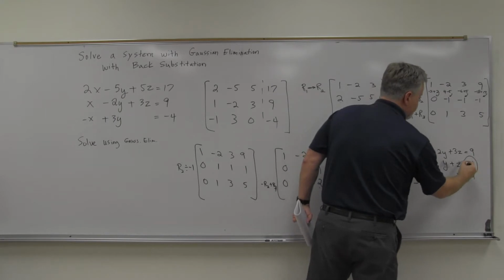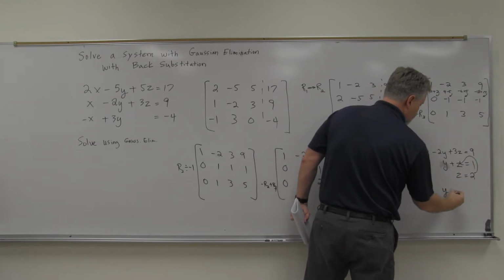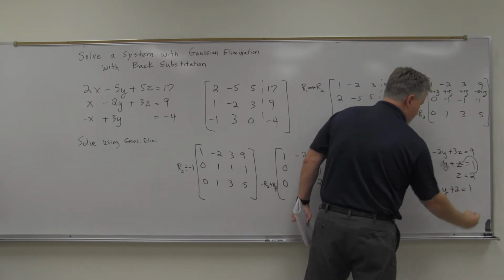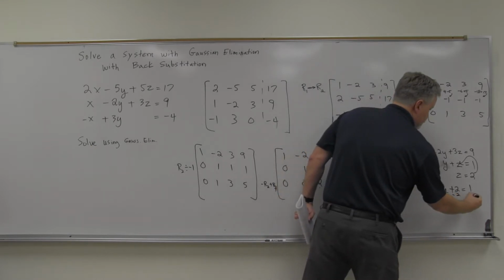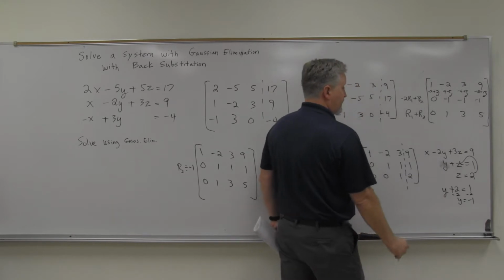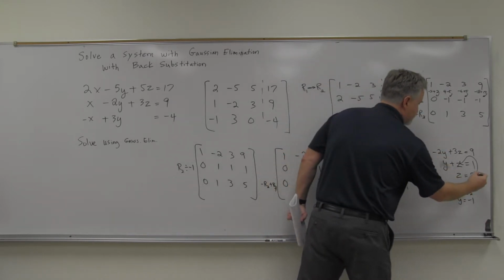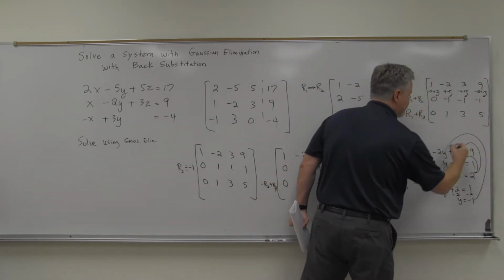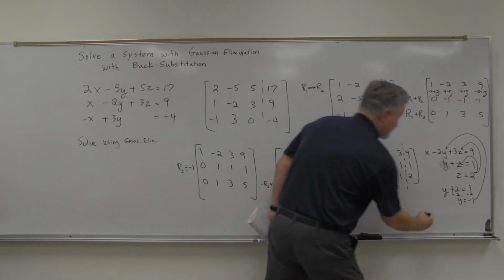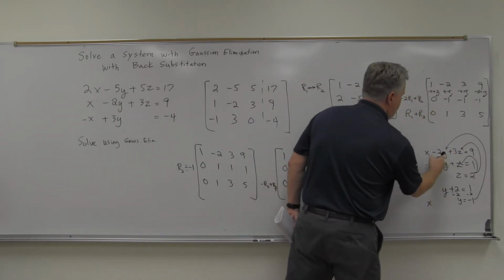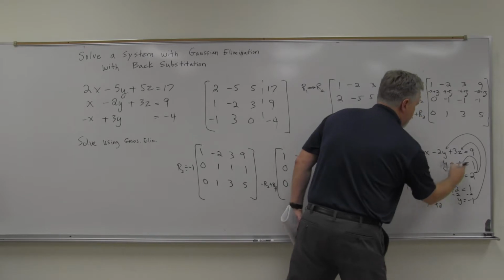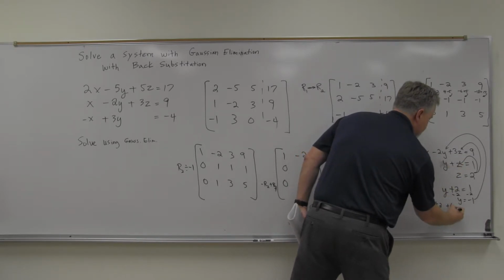Now I've got z equals 2, so I can plug that in to get the y. Y would be -1. And now I can substitute both of those back into the first one, right? We got this knocked out. So it'd be x, that'd be plus 2, and that would be plus 6.